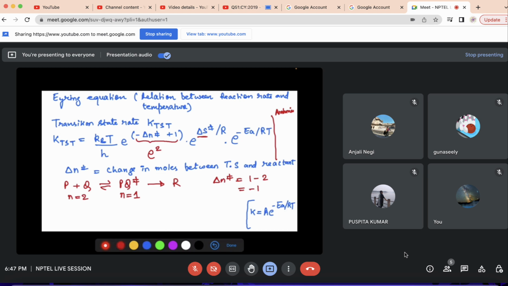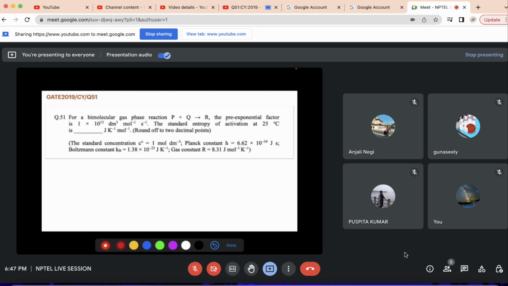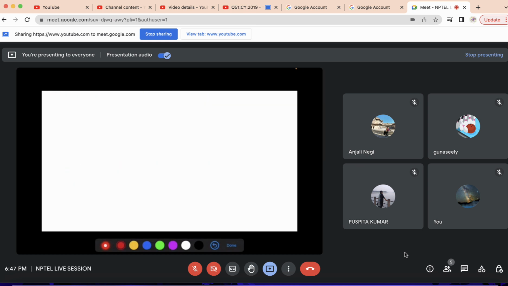On comparison, we get this part as equivalent to the pre-exponential factor A. So hence we can write A is equal to kBT by h e to the power 2 and exponential to the power delta S double dagger upon R.